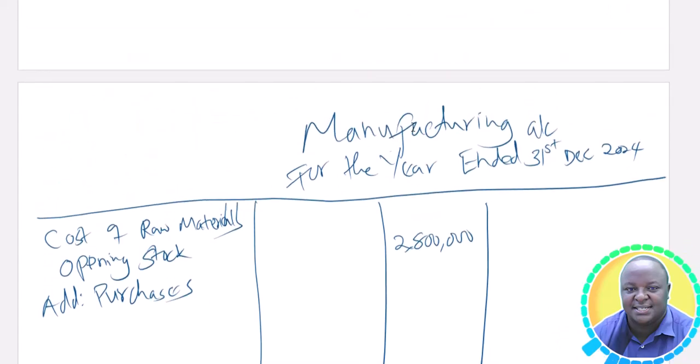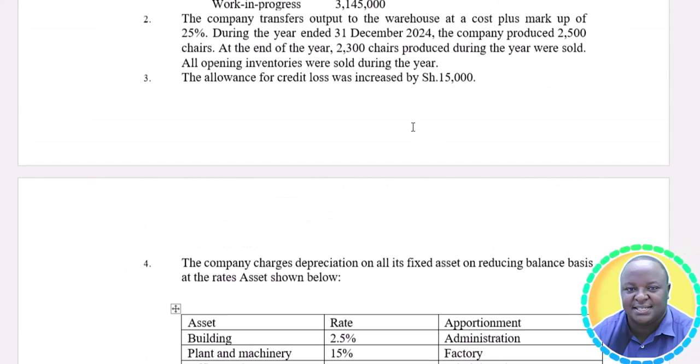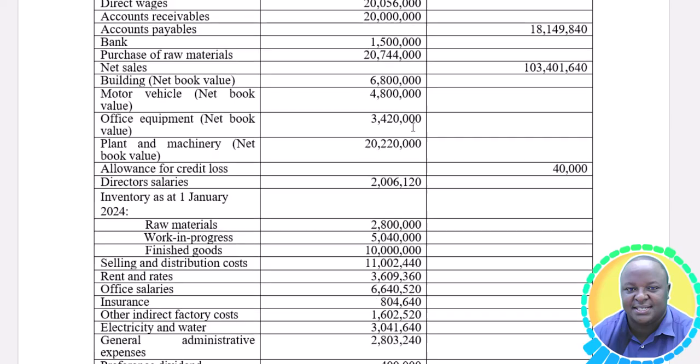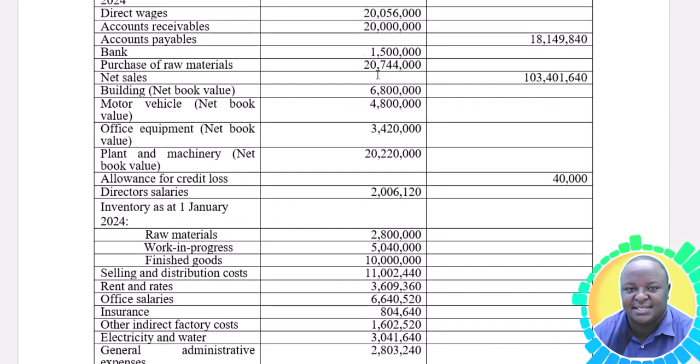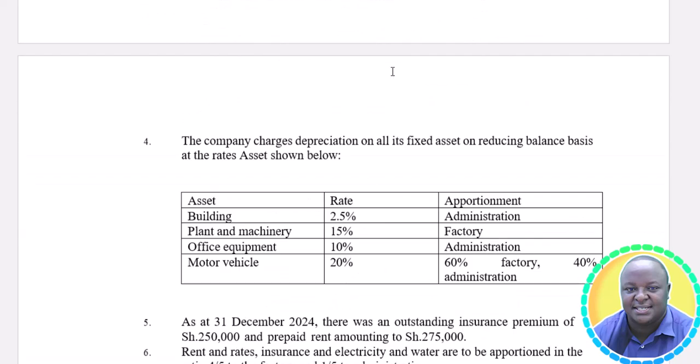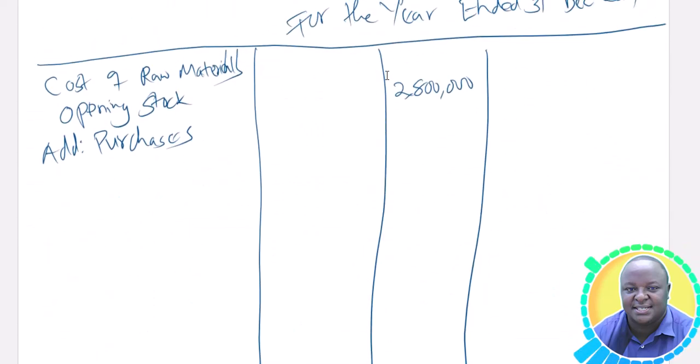We'll go back to our earlier information. We have been told the purchases for raw materials is 20,744,000. So we are going to have that as a figure there, 20,744,000.